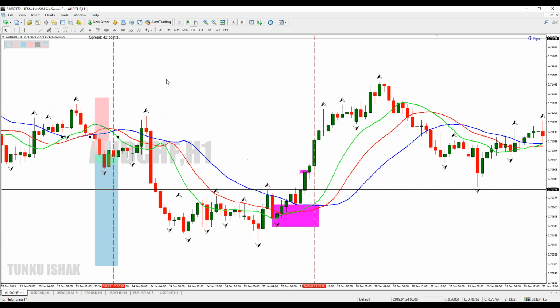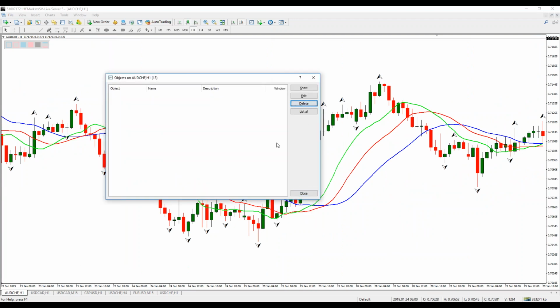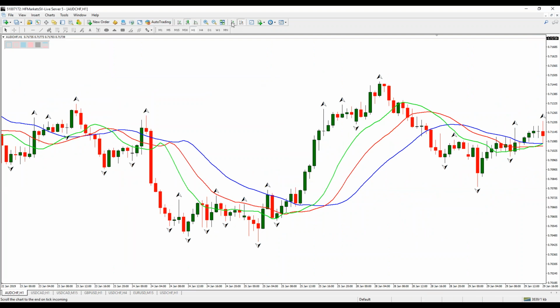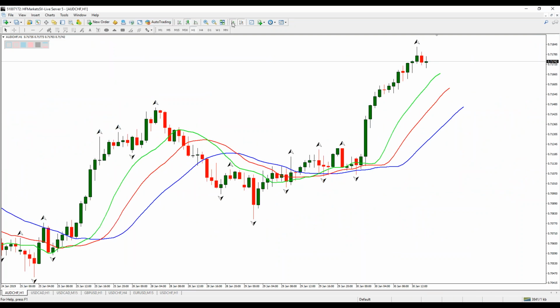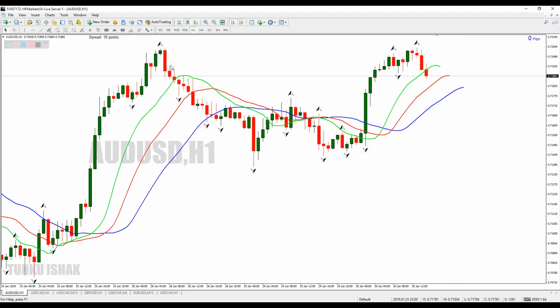Okay, the rule is simple. The rule is wait for the lips to cross the jaw and look for the fractal breakout. Once the fractal breaks out, it is yours. See here. This is the crossing, and this is the candle that caused the crossing.